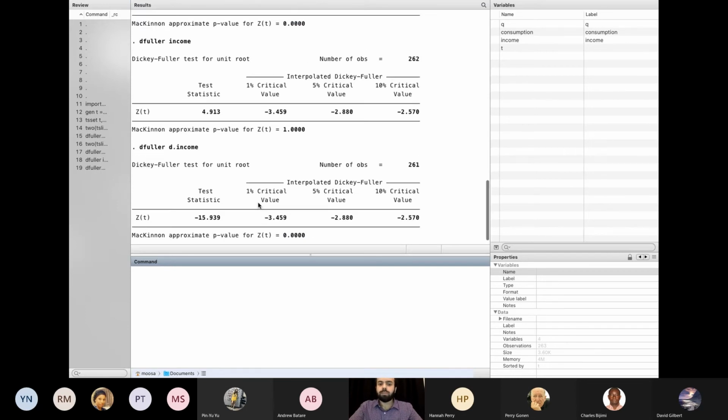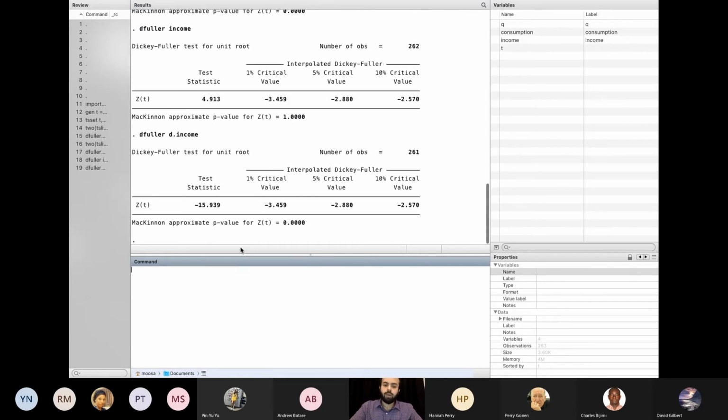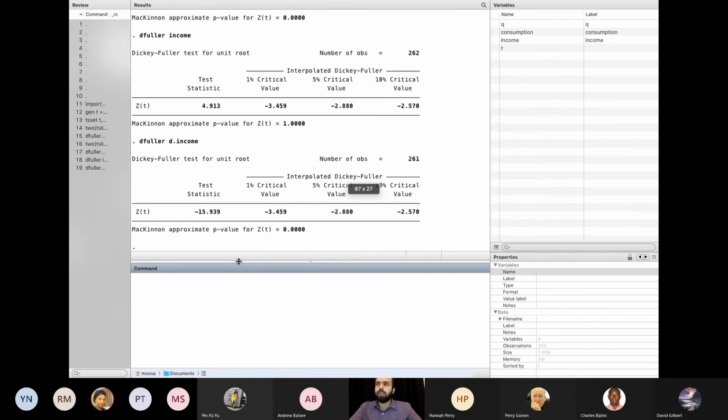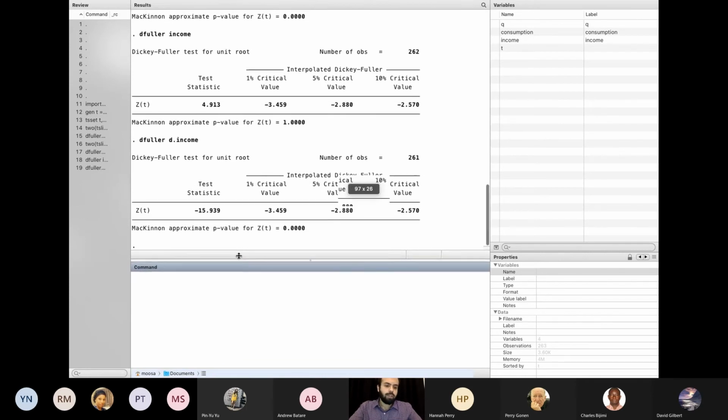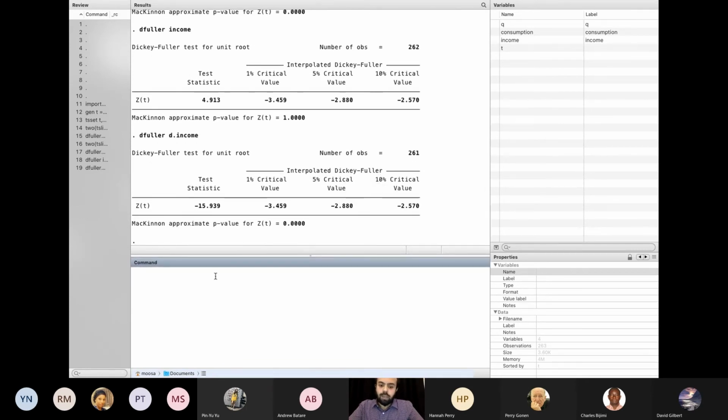So once we have these, we can go ahead with our co-integration tests, because in order to use the Engle-Granger co-integration test, we need to have our data series non-stationary in levels, but stationary in first differences. Okay, so let's do this manually so that we can have a better interpretation of what we are doing.